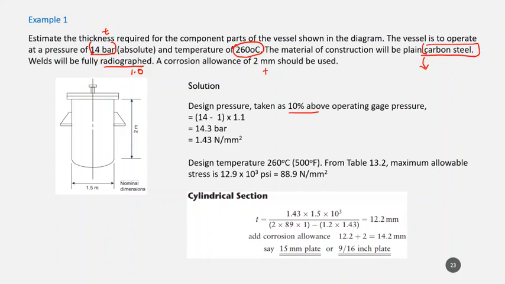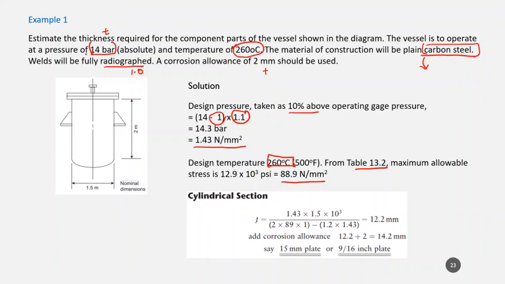So given the operating pressure here, by considering about 10%, we can have this value of the design pressure. Minus 1 because we can consider the atmospheric pressure to determine the design pressure. Okay, design temperature at this given temperature. So using carbon steel, the maximum allowable stress from table 13.2 is about 89 Newton per mm square.